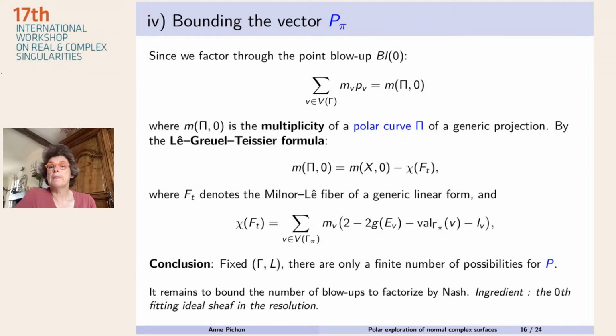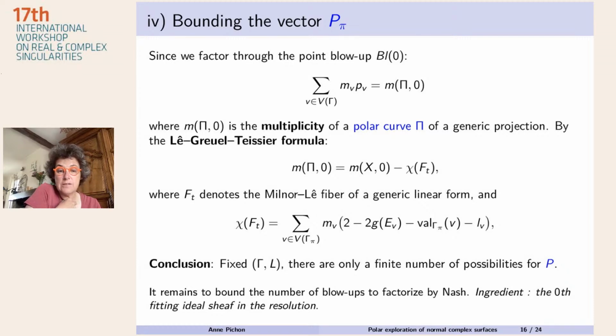Okay, now if you want to bound the polar vector, what you can use is the Lê-Ramanujam-Teissier formula, which tells you that the polar multiplicity, the multiplicity of a polar curve, defined as the sum of MV PV, you can compute it that way, is also equal to the multiplicity of X minus the Euler characteristic of the Milnor fibration of the generic linear form.